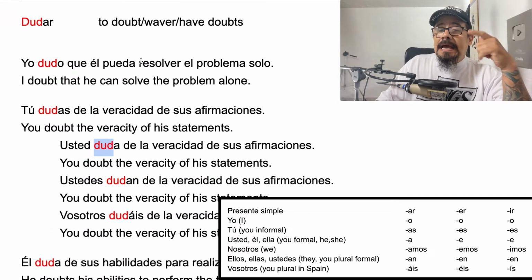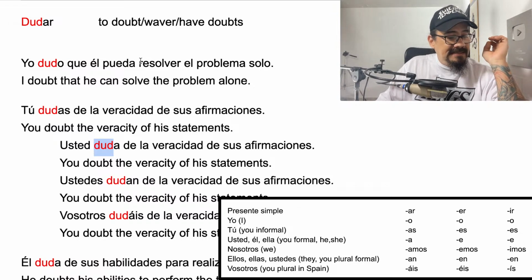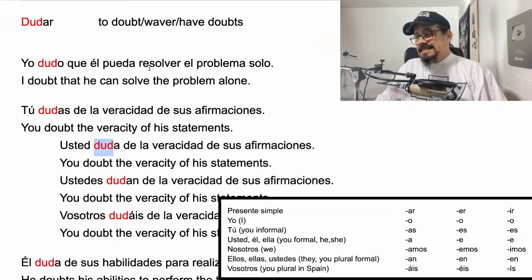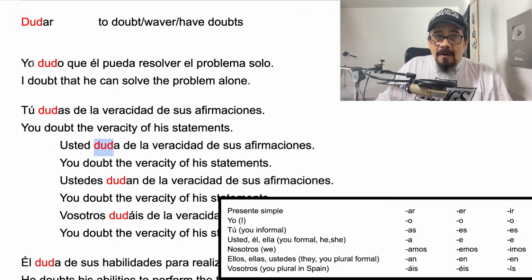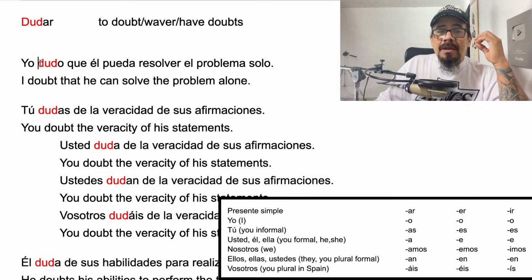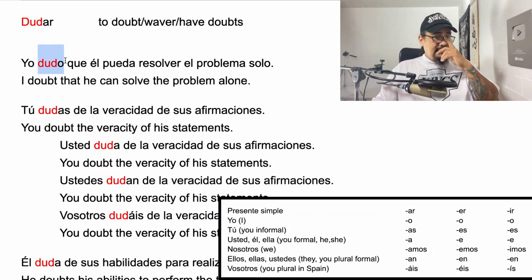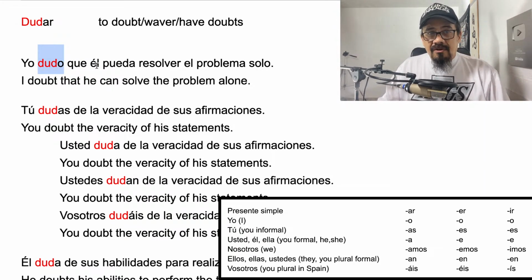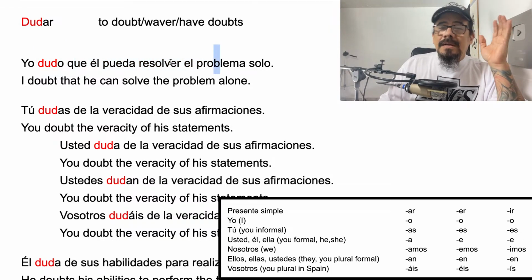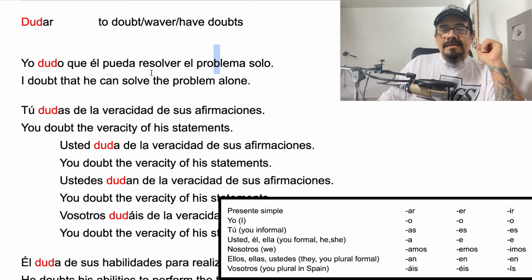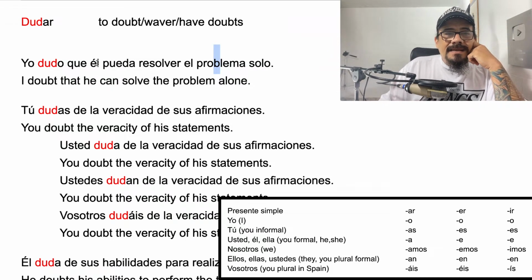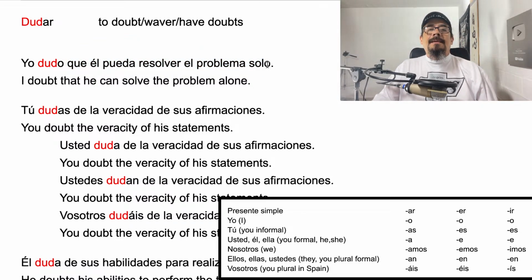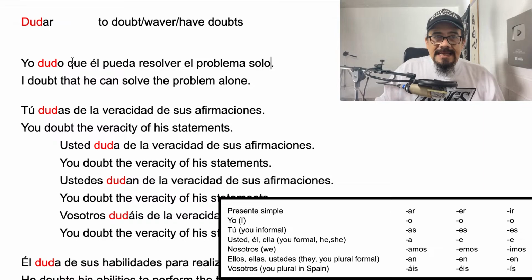These sentences, unlike the ones in the first three videos, are a little bit more complex. But let's focus primarily on the conjugation of the verb, which is the idea of this exercise. The rest of the sentence has a little bit of complexity, but let's not worry about that yet.